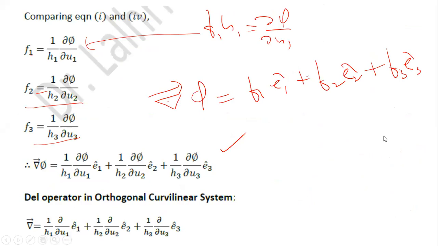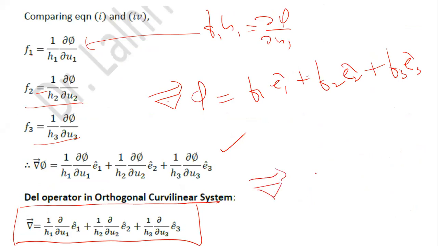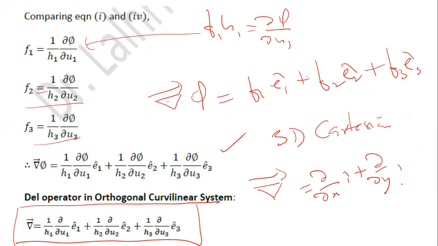Now, the del operator in the orthogonal curvilinear system you can also express it by just removing this scalar quantity. The del operator in this case is given by this. You remember that in the 3D Cartesian system, the del operator was del upon del x i cap, del upon del y j cap, plus del upon del z k cap.